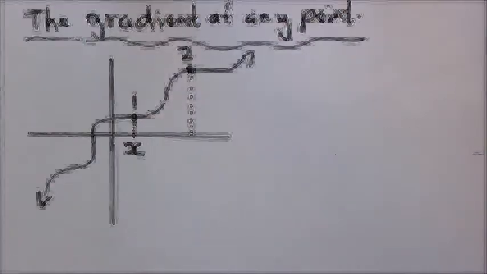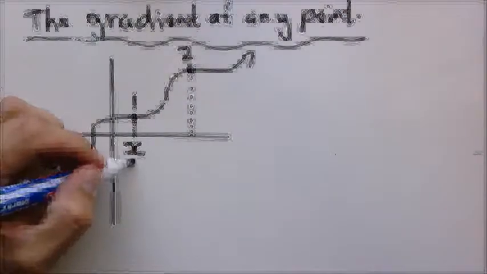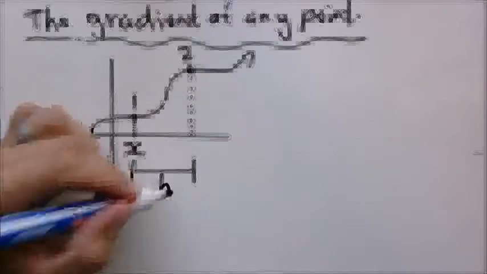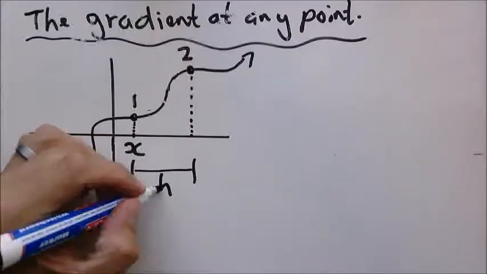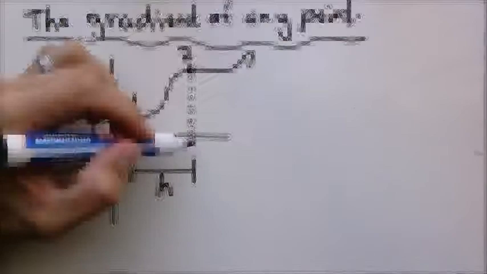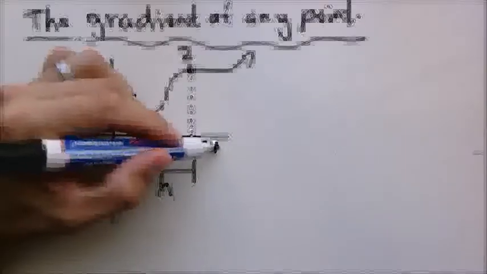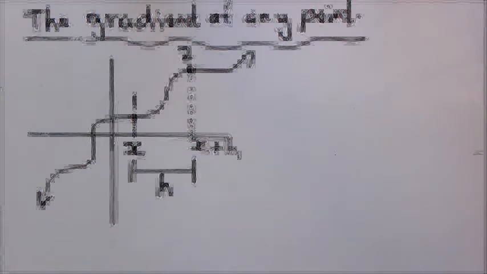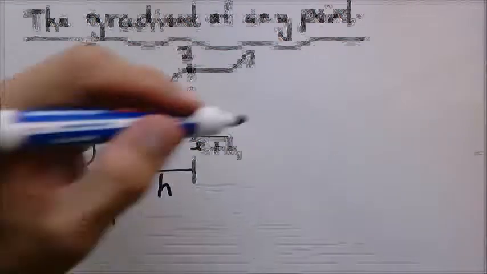And we need to define the second x coordinate as well. Now, per definition, we are going to call this distance h. So technically, this x would be x plus h. Okay, now keep that in mind.